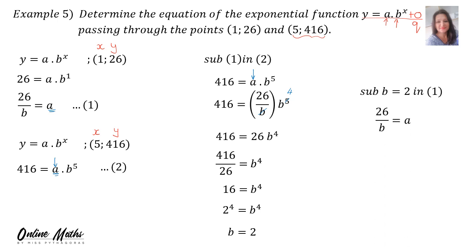Now I know b's value is 2, so therefore in b's place I substitute 2. 26 over 2 is what a is. Therefore a is 13. And then just to conclude, my equation is y is equal to 13, and then the 2, which is b's value, I put inside a bracket. So it's 13 times 2 to the x. And there's your equation.